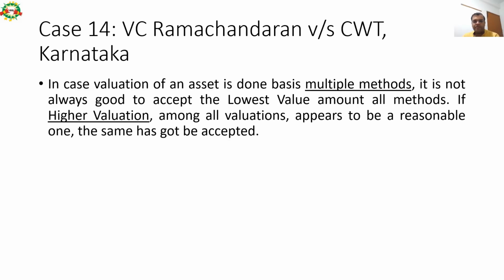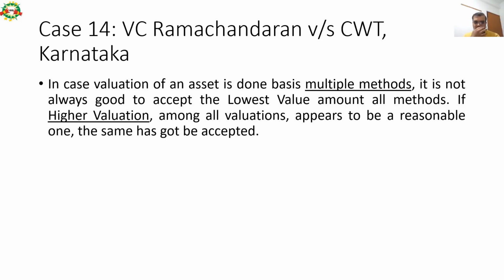Next case is VC Ramachandran versus CWT Karnataka. So in this case, valuation of an asset is done on the basis of multiple factors. It is not always good to accept the lowest valuation amount amongst all the methods. If the higher valuation among all valuations appears to be reasonable, the same has to be accepted.